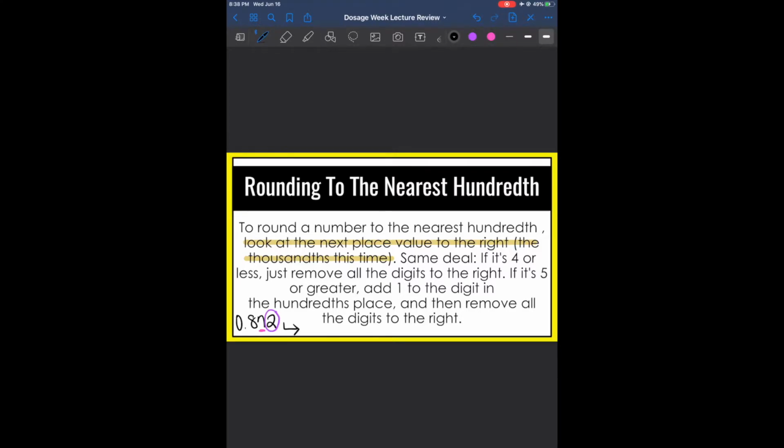And because it's a 2, you would just drop it and leave everything else the same, meaning it would be 0.87. But say it was 0.876. Again, that's what you want to round to, so we're basing our rounding off of this third number. And because it's 6, you want to add 1 to your second number after the decimal. It would be 0.88.